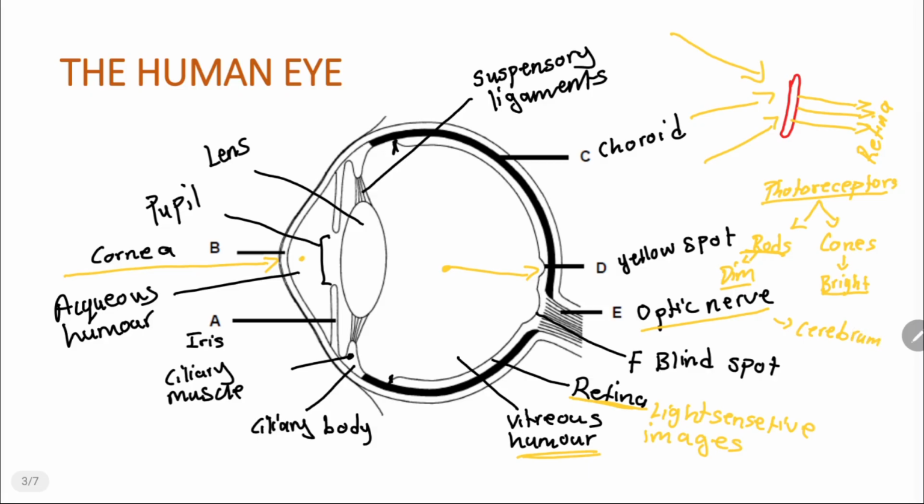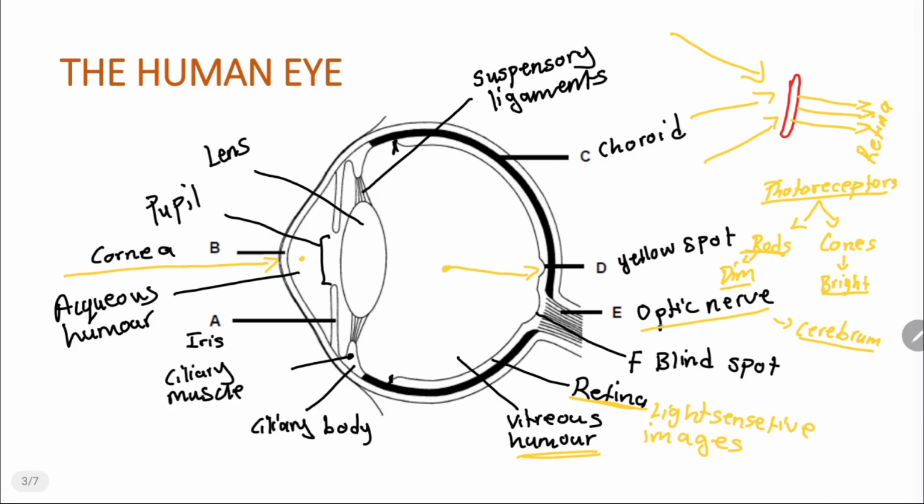Why does the nerve impulse need to be transmitted to the cerebrum? Because the cerebrum receives and interprets all sensation, and sight, the ability to see, is a sensation. Therefore, the nerve impulses from the photoreceptors must be transmitted by the optic nerve to the cerebrum so that they can be interpreted and we are able to see.